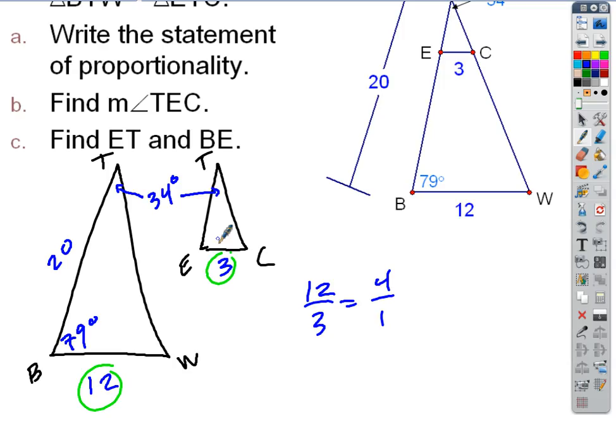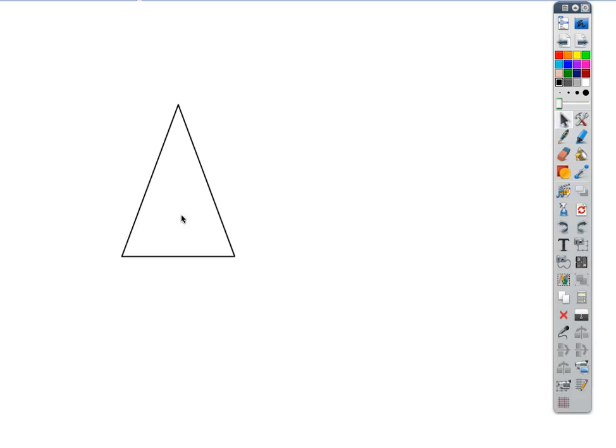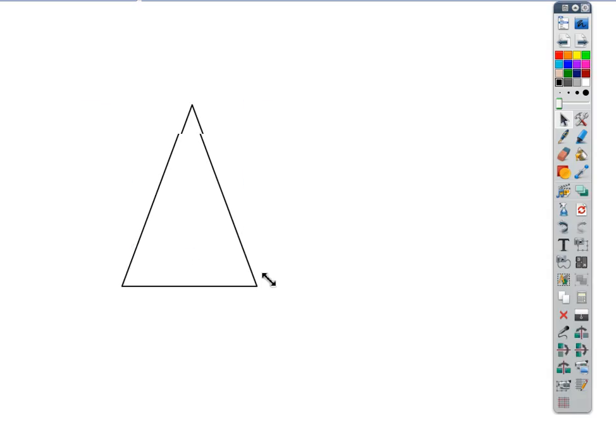Now, I'm going to give you an example of that. If I take a triangle here, watch something. I can't remember if I did this yesterday or not, but this is good to see. There we go. Yeah, now watch.